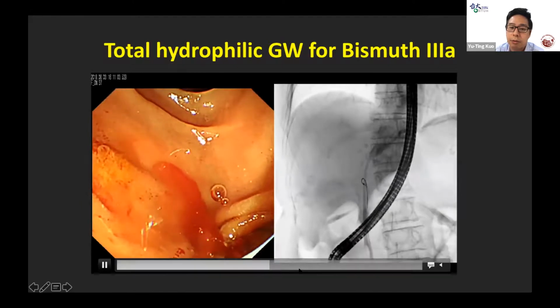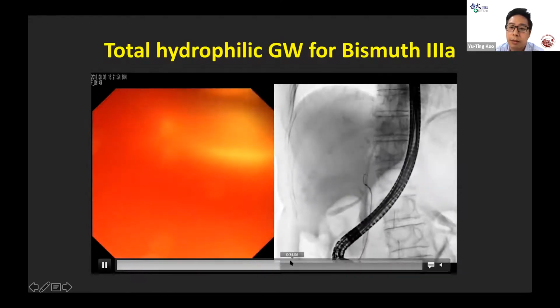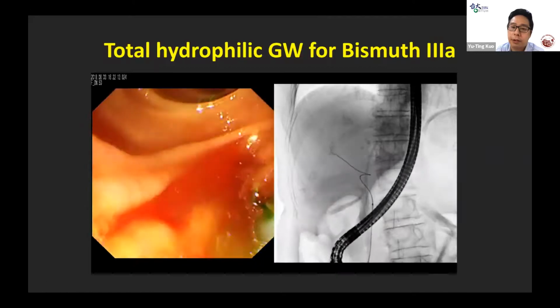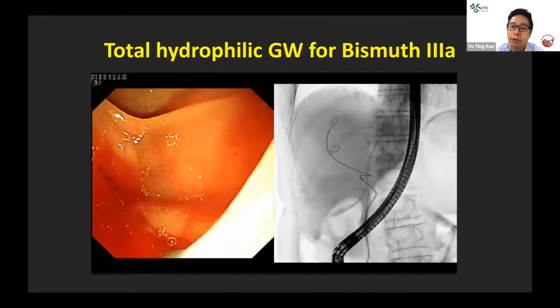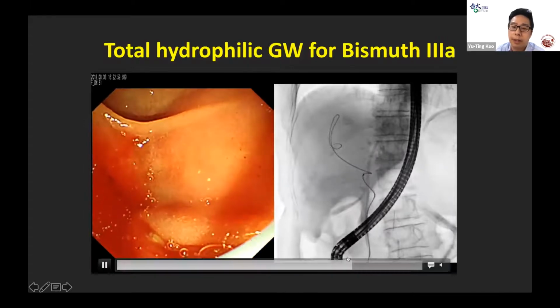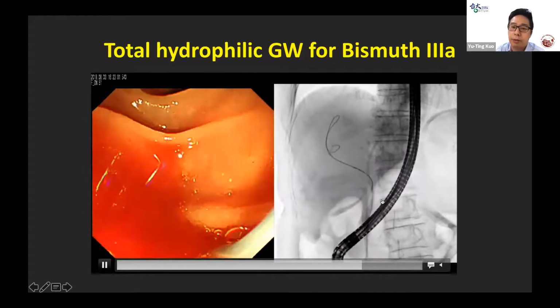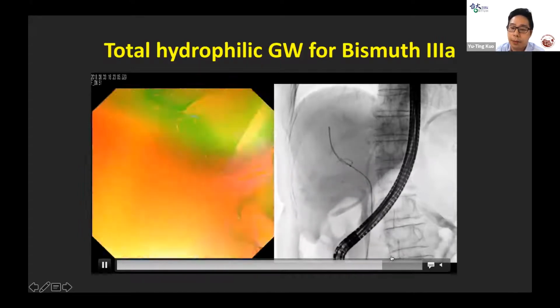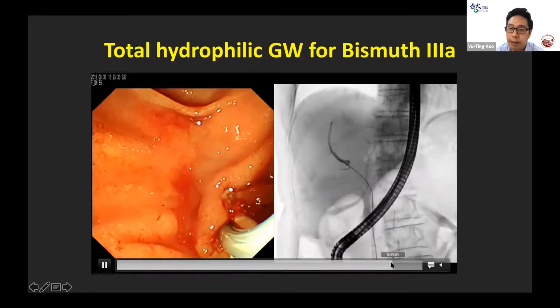Then we changed to the Nitinol wire. Okay, this is the Nitinol wire. Because it's hydrophilic, it's very easy to control the direction of the guide wire, and it can more easily reach your desired biliary segment.